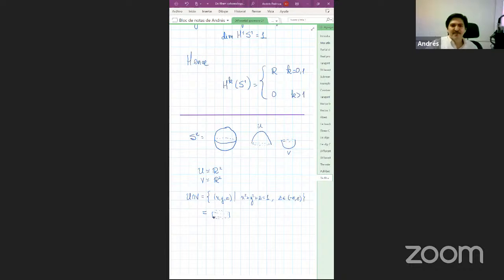Now, if you do this on S3, what will you get? Instead of taking S2, take S3 in R4 if you want.